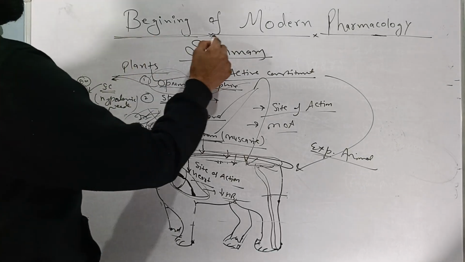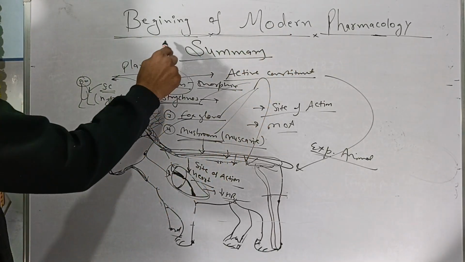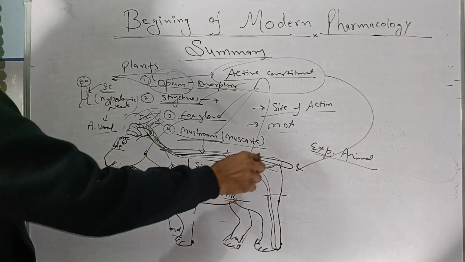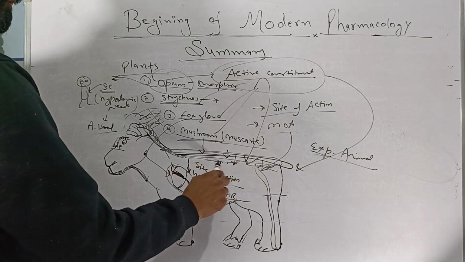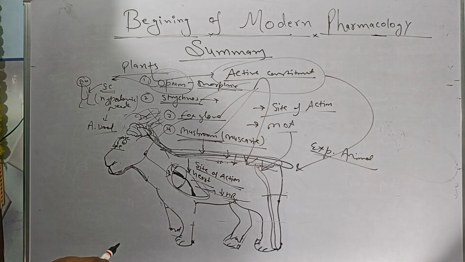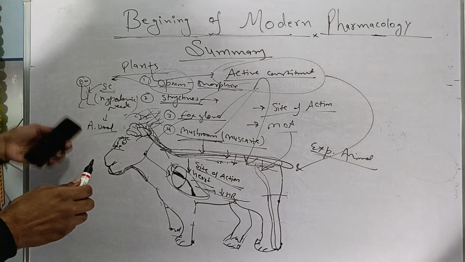So this was the beginning of modern pharmacology, with some plants, isolation of their active constituents, and their injection into animals to find out the site of action and mechanism of action.